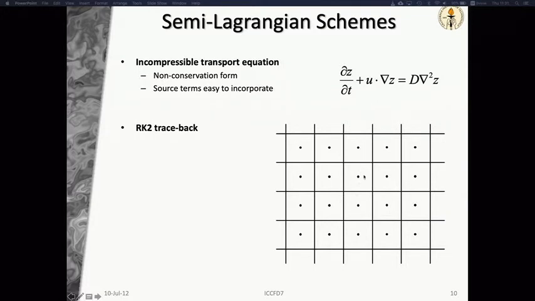Here the ink concentration is high, and slowly it becomes 0 as we move away. And you're told to do semi-Lagrangian advection. What is the first thing you would do? Any ideas? Right or wrong, we don't care. What is the first thing you would try?